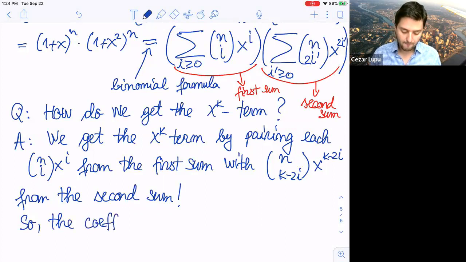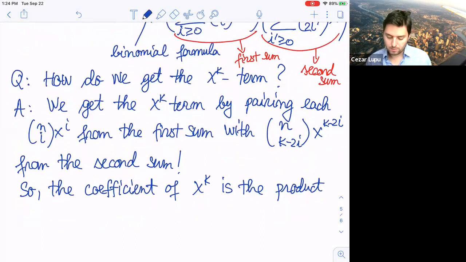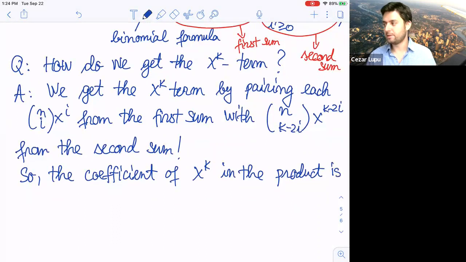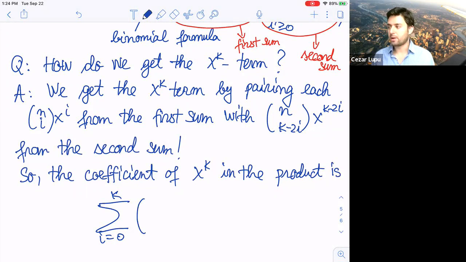So the coefficient of x to the k, when you multiply these two sums, is given by the sum from i equals 0 to k of n choose i times n choose k minus 2i, right?